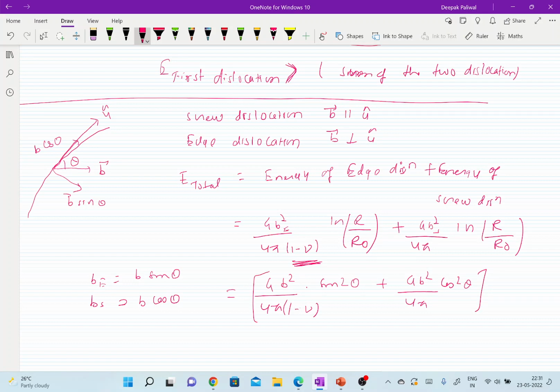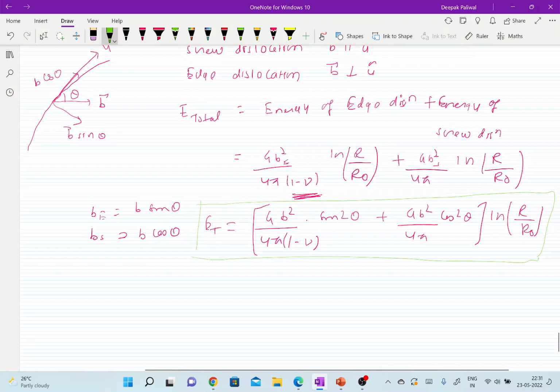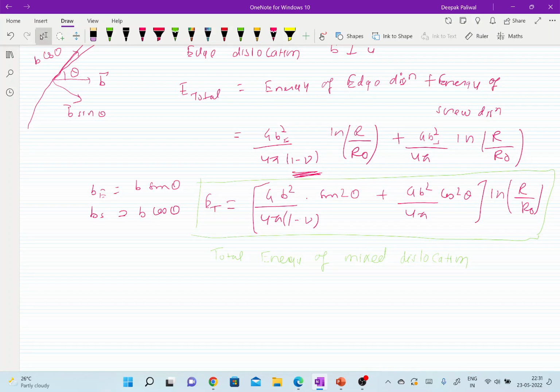I can take the ln r by r naught common. So this equation represents the total energy of the mixed dislocation. Why am I calling it a mixed dislocation?